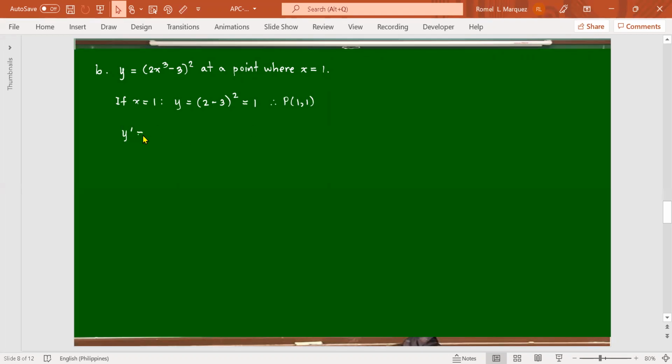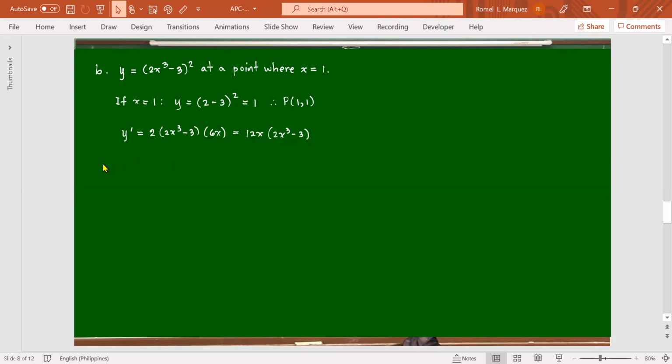Get the first derivative: general power, drop, copy, subtract 1, get the derivative of the base. So simplifying, we have 12x squared times (2x cubed minus 3). Okay?